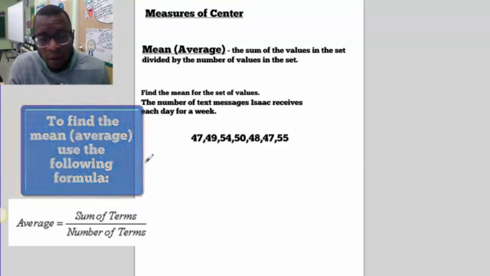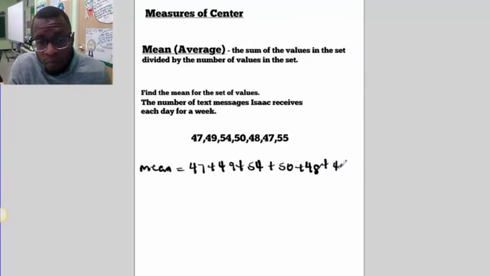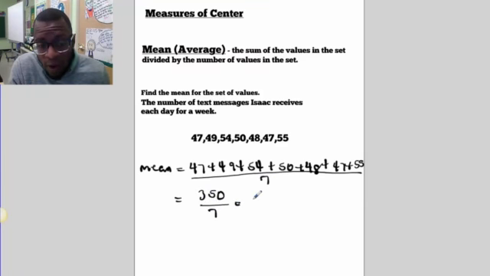To find the mean, we're going to do exactly that. We're going to take the sum of the numbers, and we're going to divide by the number of values in the set, which is 7. Okay, and so when we do that, we get a sum of 350 divided by 7, and so our mean is 50.